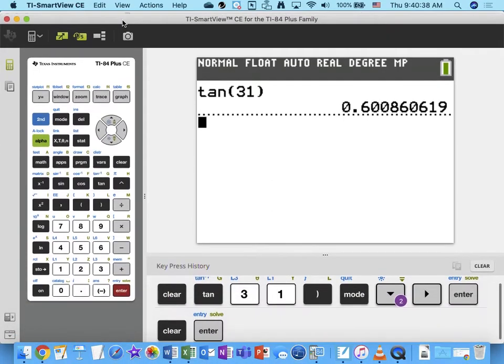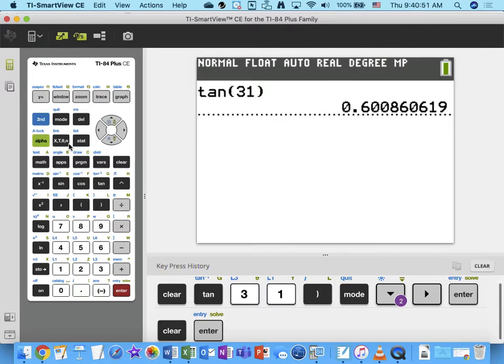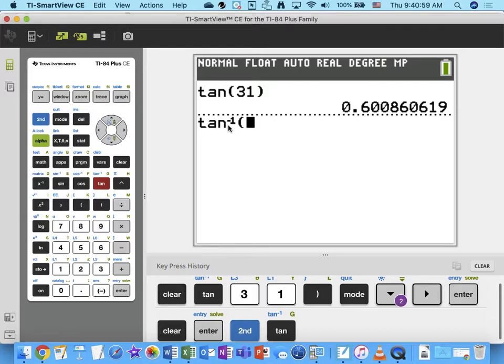So let's say we knew the 0.6 part, but we wanted to figure out what the angle was. So what I want you to do now is take out your calculators again, and you probably have to hit the second button or the shift button. Hit that first, and then hit the tan button again. And you're going to get the tan inverse button.